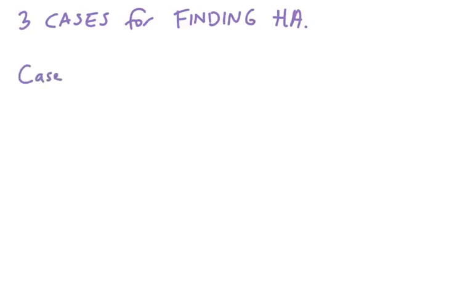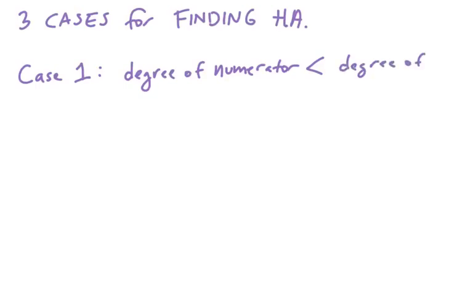So how about we call case 1 the case in which the degree of the numerator, so we understand degree to mean the highest power, is less than the degree of the denominator. So we'll make that our first case.